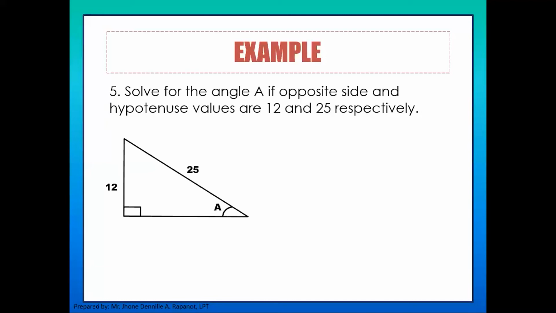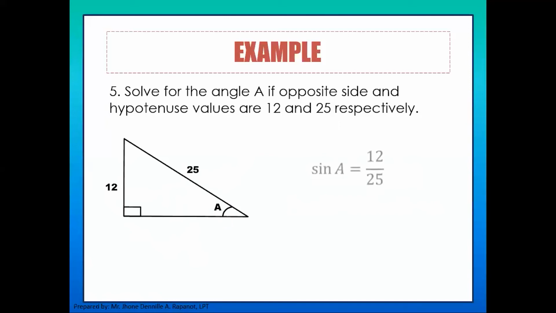Now, what we're going to do here is to analyze again the illustration and identify the right trigonometric function to be used in order for us to solve the measure of the angle A. And that is still, you have to consider the position of the angle A. So, for angle A, we have given 12 and 25. That means 12 is opposite to angle A, and this is the hypotenuse. So, opposite and hypotenuse. We can all agree that we have to use sine to get the measure of A.